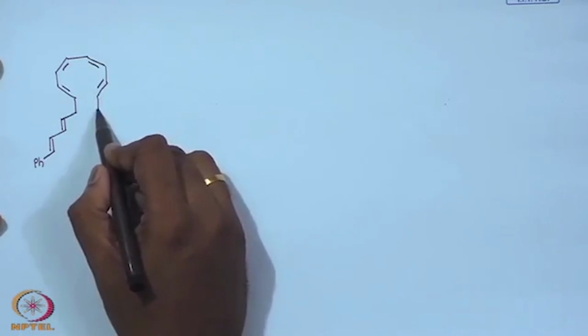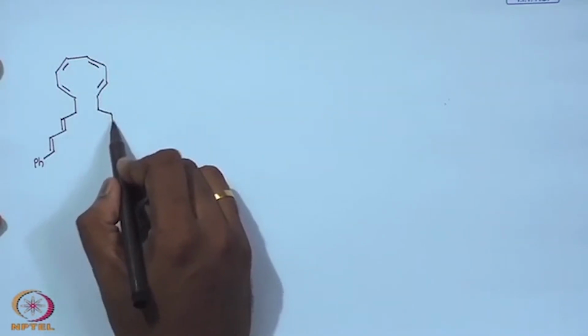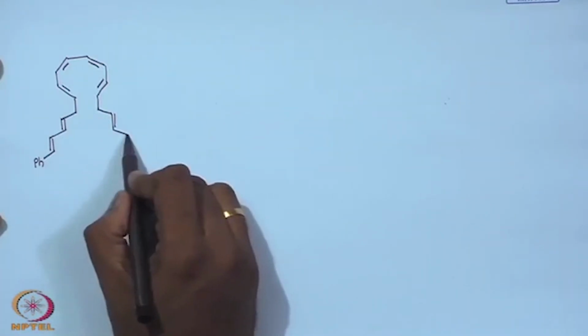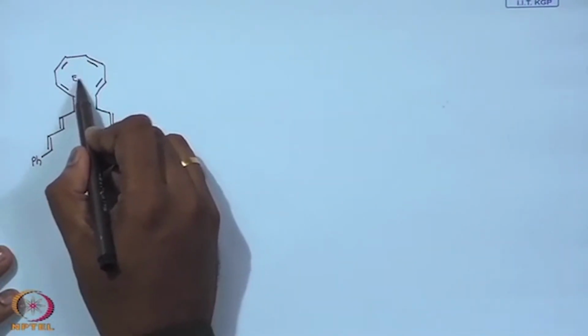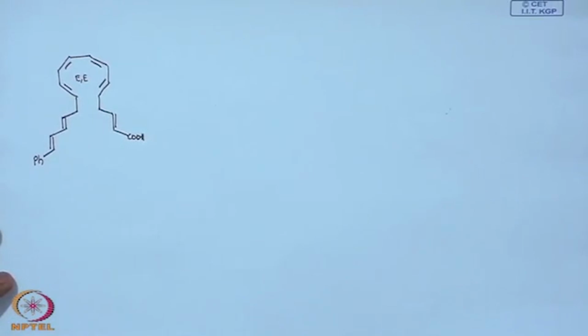Just this part, your acid is a little bit different. I am taking this type of molecule in this case. This is the E of it. Fine. Any doubt with this?